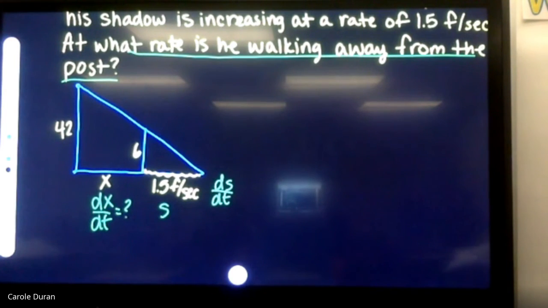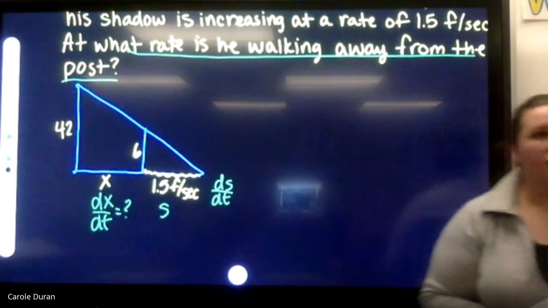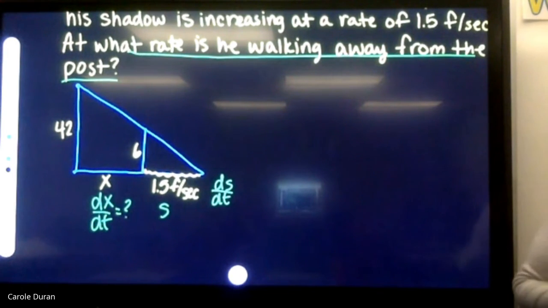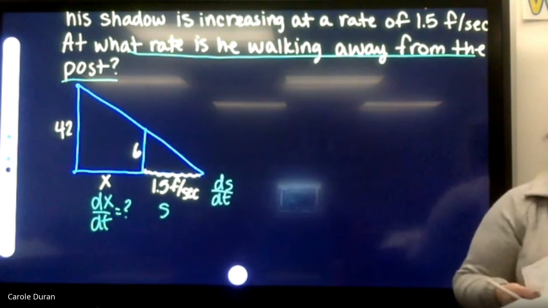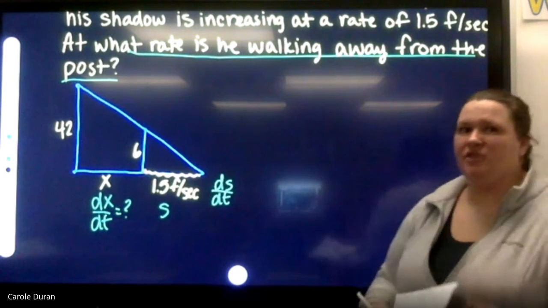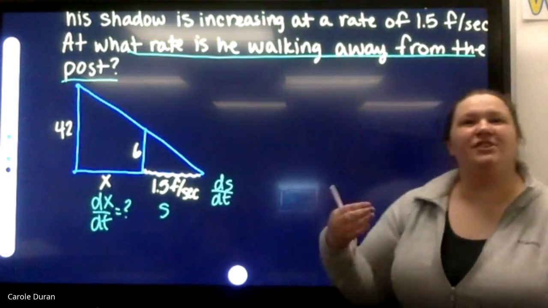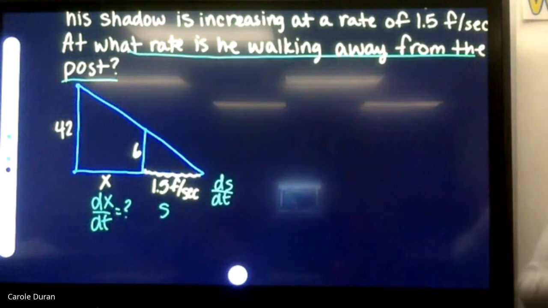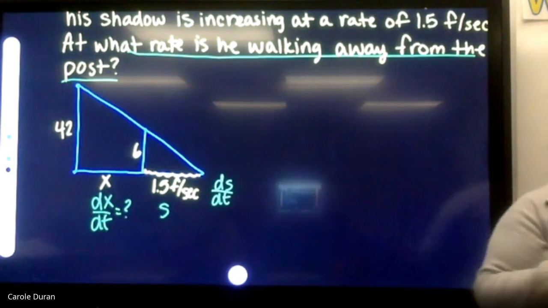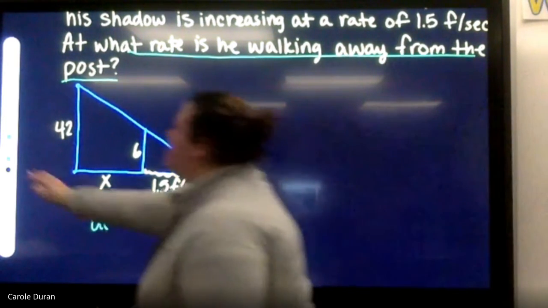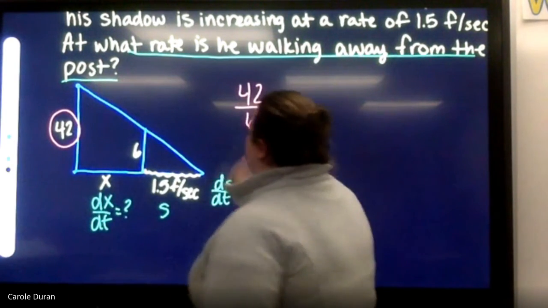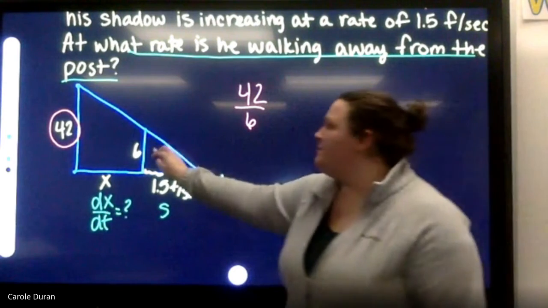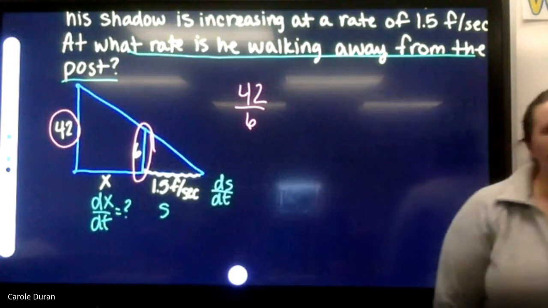I don't really have a super awesome equation to go with this, so I'm going to use something else in my backpack of math skills, and that is the proportionality of similar triangles. Like sides on similar triangles are proportional to each other, so the base of this triangle, which is our 42, over the base of my smaller triangle is proportional.